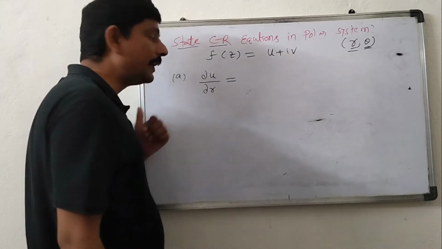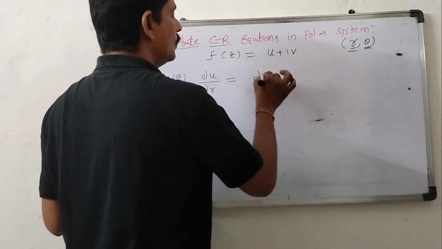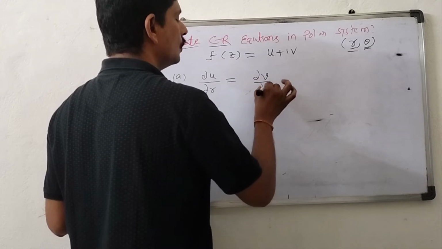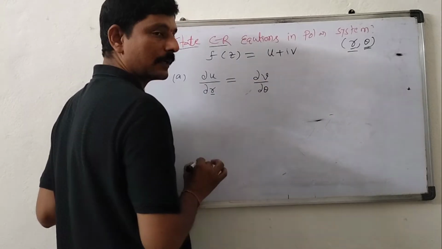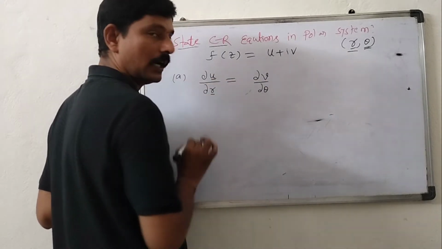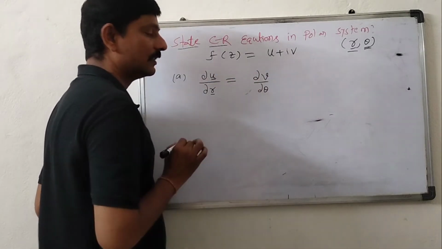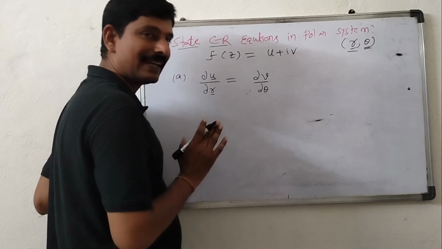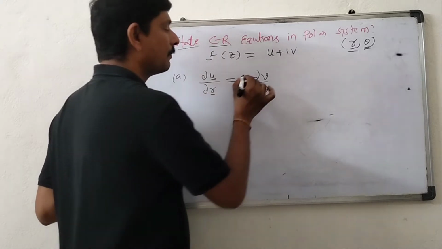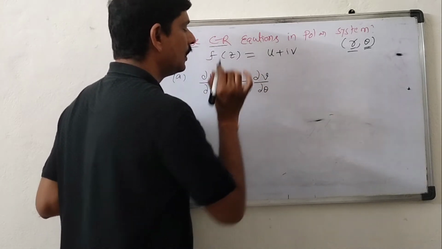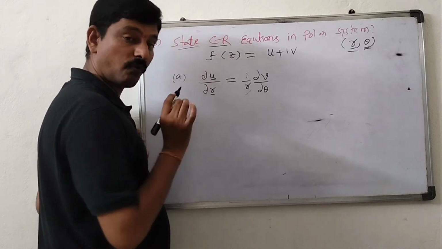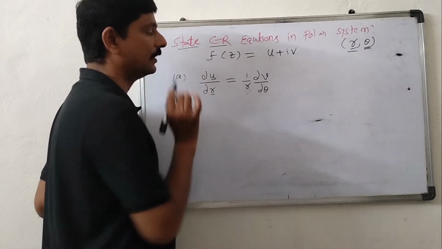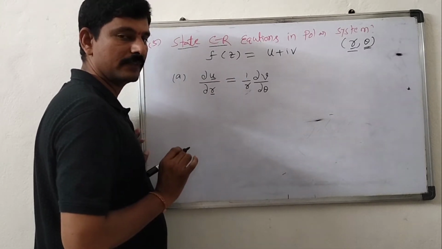So dou u by dou r is equal to dou v by dou theta; u with respect to r equals v with respect to theta. Clear? Easy to remember. But the most important point is there is a multiple of 1 by r on the RHS: 1 by r into dou v by dou theta. It is the first condition.